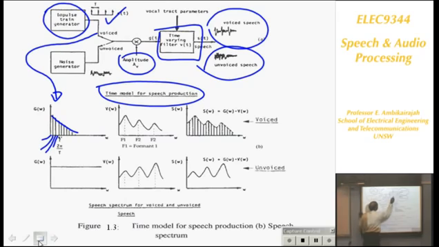And then your vocal tract here has a resonance frequency. For voiced, the energy is high at the lower end, so it has a lot of energy at the low frequency end. And when you multiply these two together, then you get this spectrum there.